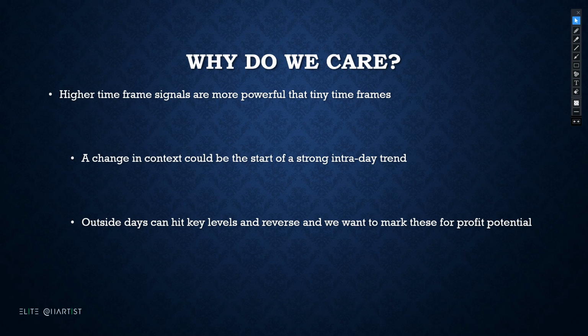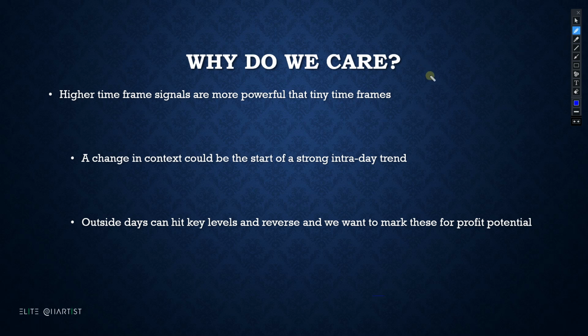You started at the daily, you glanced at the 60-minute, and now you've been for an hour staring at your 1-minute charts and taking every little signal and failing to get a grasp of what's happening from a higher time frame perspective, or losing track of that. So remember, if you hit a higher time frame level, or you're getting a divergence from a higher time frame chart, it can often lead to a change in context that could be the start of a strong intraday trend. So you might want to be careful.